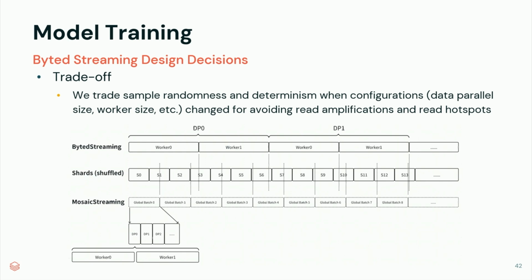But in ByteDance Streaming, every worker starts reading from the dashed lines in the picture and consumes the shards sequentially. So there won't be too many overlaps. Basically, it's at most one shard between every worker. And the read amplification can also be reduced, since the worker reads the whole shard from start to end instead of just small pieces.